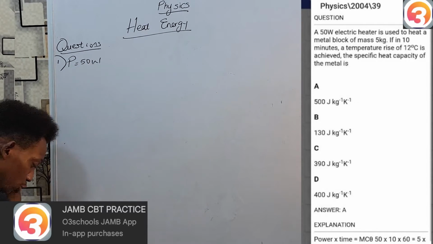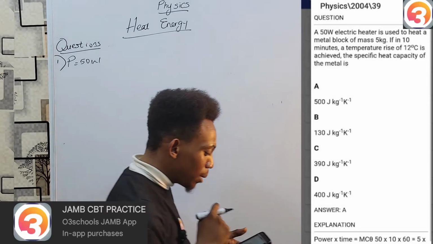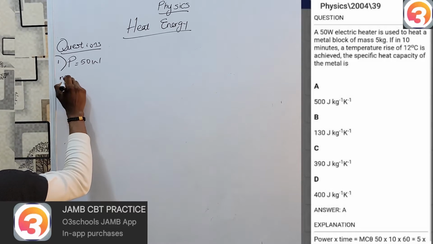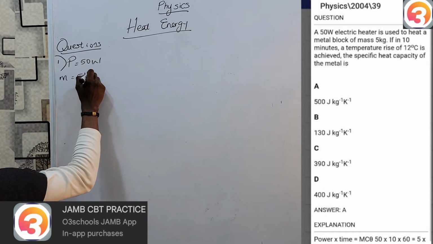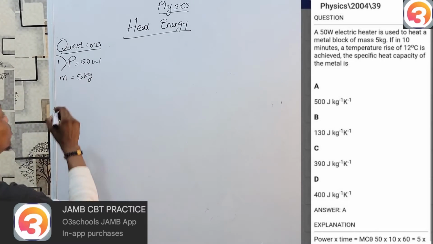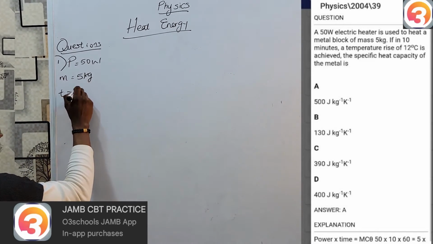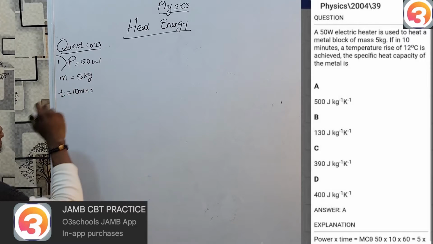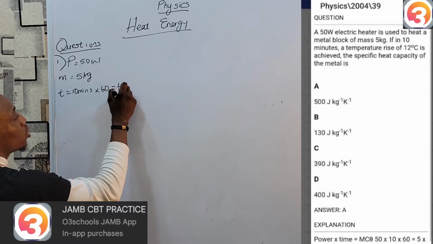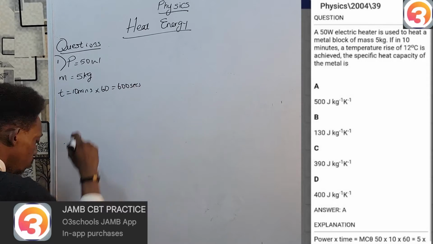This 50 watt electric heater is used to heat a metal block of mass 5 kg. So my mass is 5 kilograms. If in 10 minutes, more information, time is 10 minutes. We cannot solve in minutes, we solve in seconds, so times 60 gives me 600 seconds.